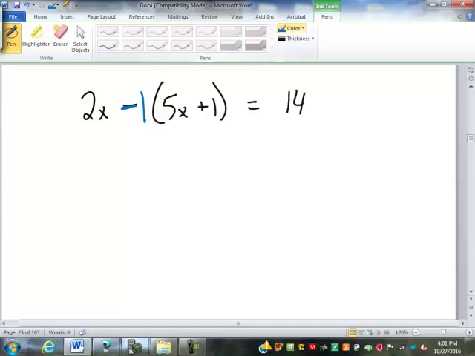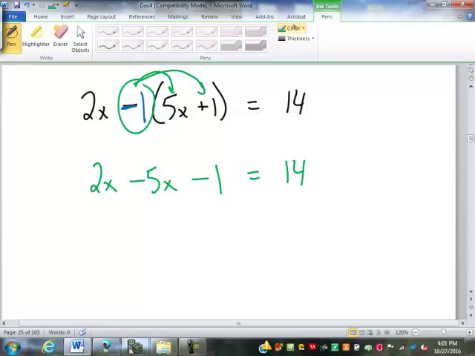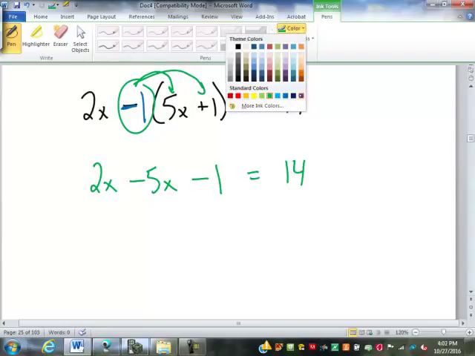So now we're going to multiply that parentheses by the -1. So we've got our 2x up front. That's not going to change. -1 times 5x is -5x. -1 times 1 is -1. Equals 14 over here. And on the left side, what are we going to do next?